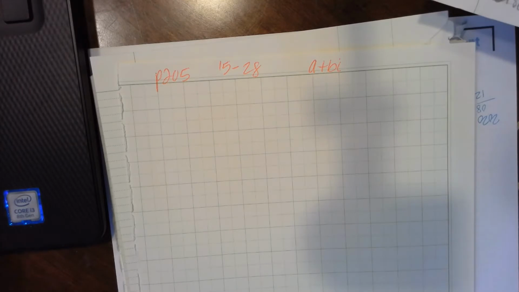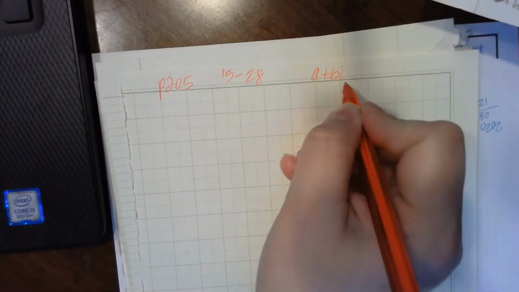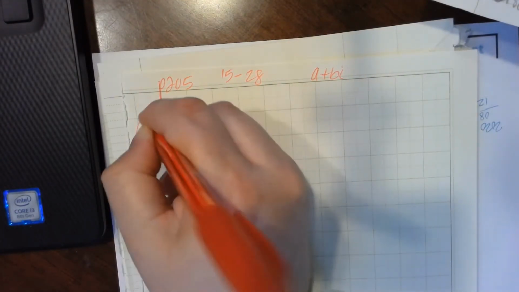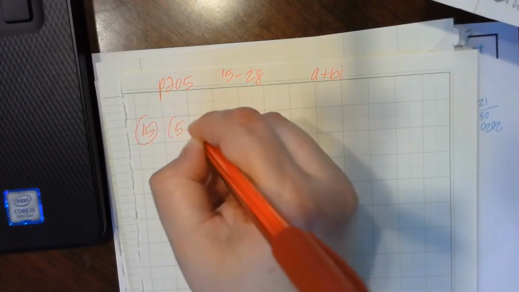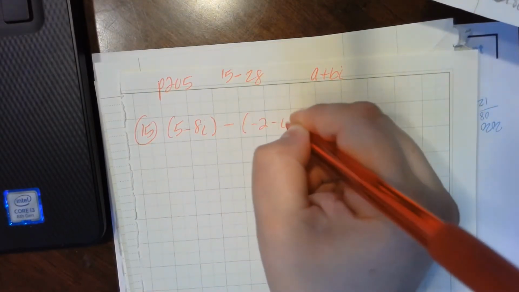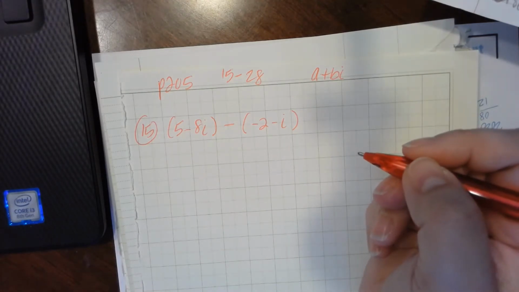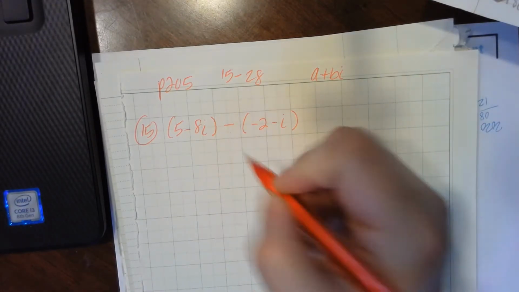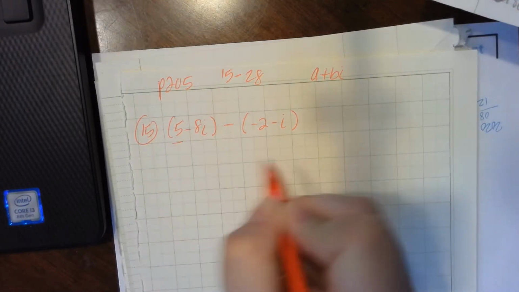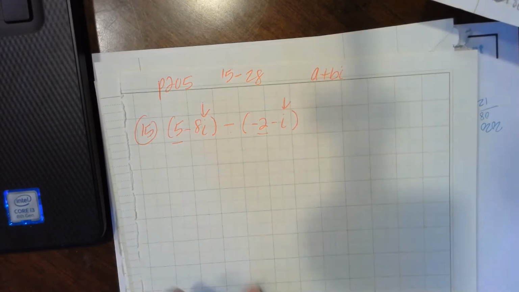All right, so for number 15, we're working with the adding and subtracting of these equations. So number 15 is 5 minus 8i minus negative 2 minus i, okay? So what we want to do when it's adding or subtracting only, we can take our real numbers and our imaginary numbers and group them together to make them simpler to deal with.